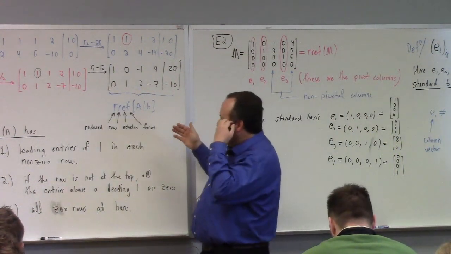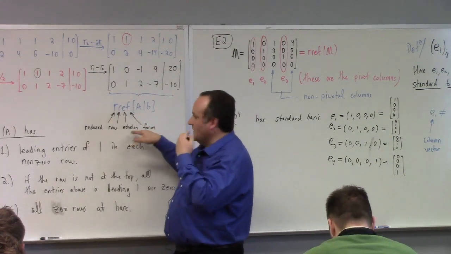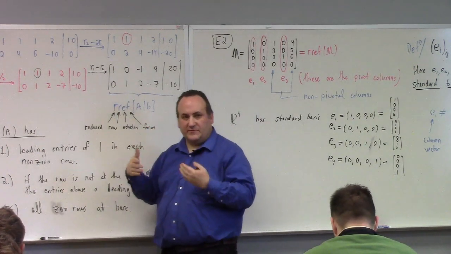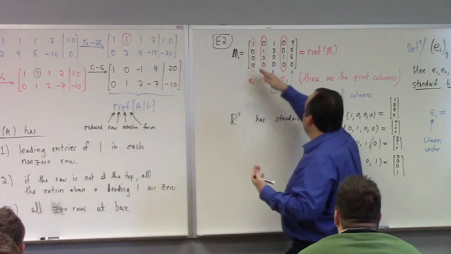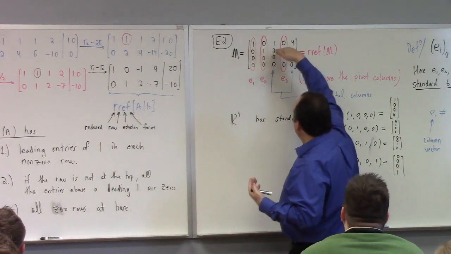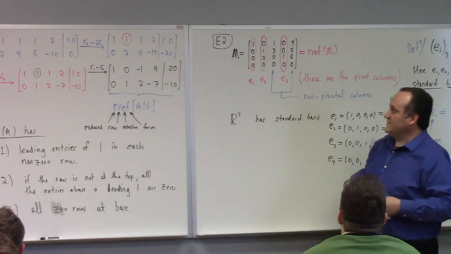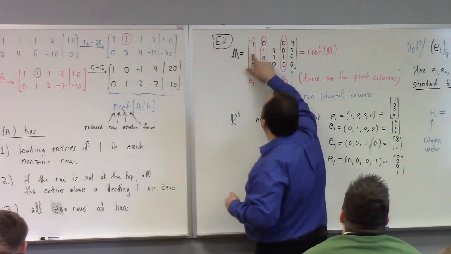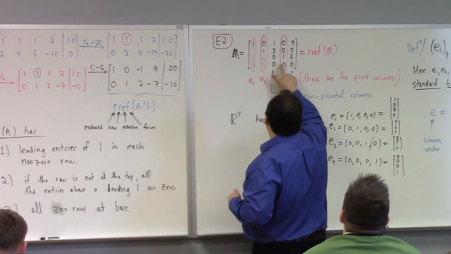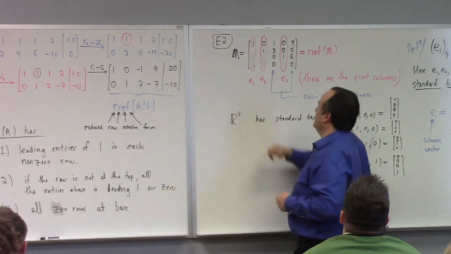So it legitimately means a reduced stair step form. You could think of it that way. See, it's like a stair. If you just erase the zeros, maybe you can see it better. Kind of like a stair.